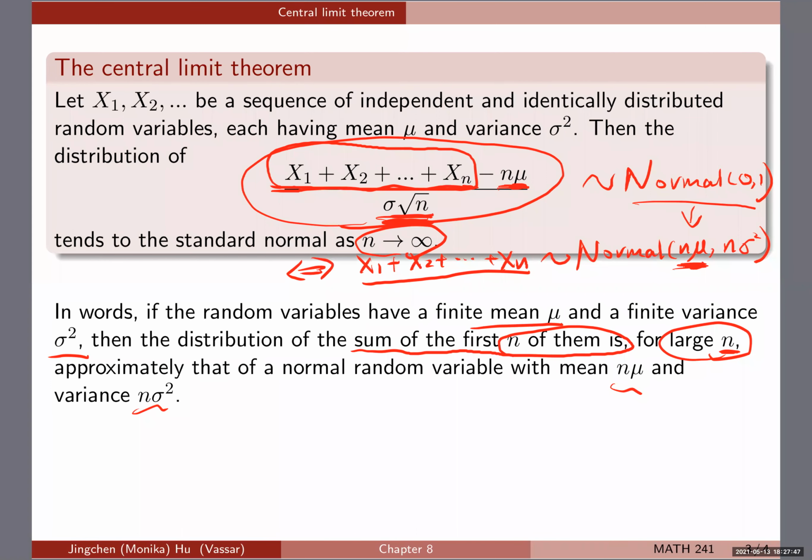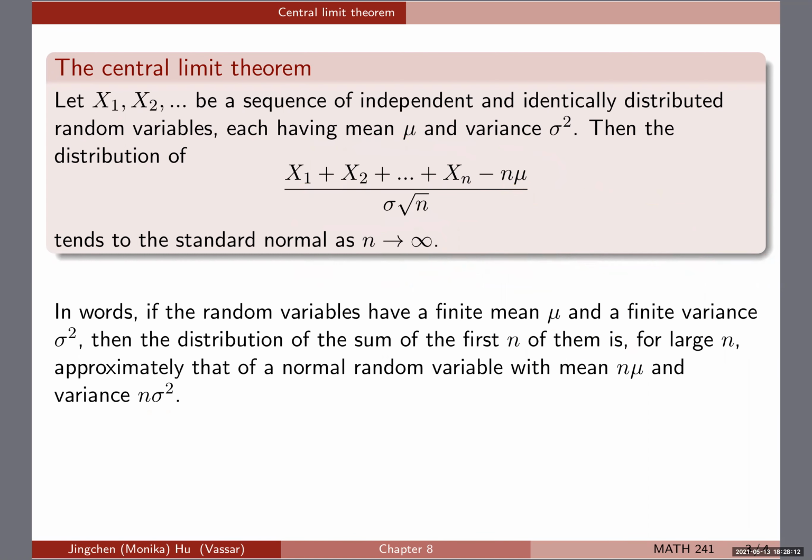But if you have large enough n, you can use the central limit theorem in many different cases, because this is a very important result. You can say something about the sum of all of the observations, which can also translate into the average, because if you divide by n everywhere, then you're talking about the average.